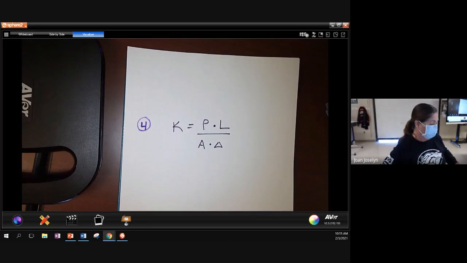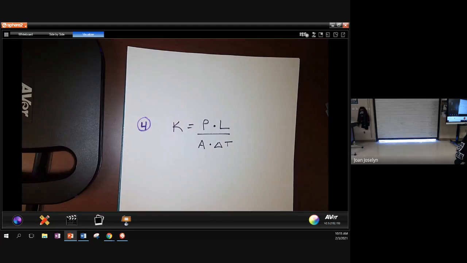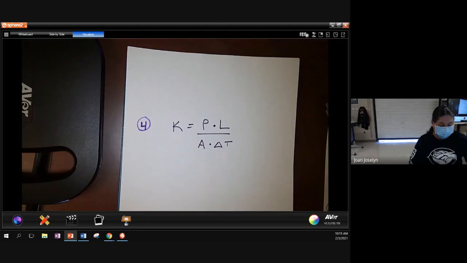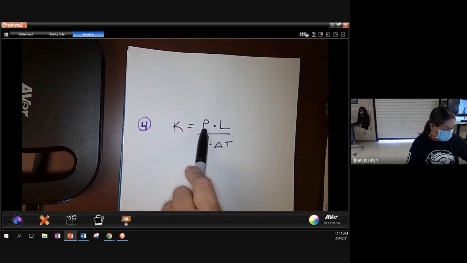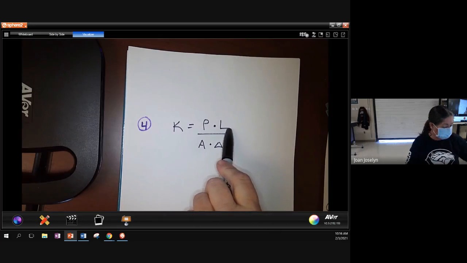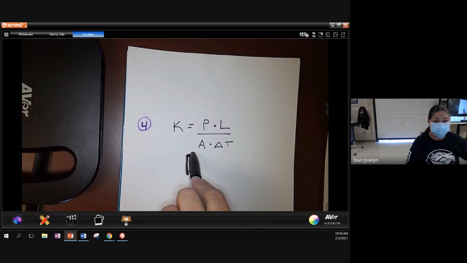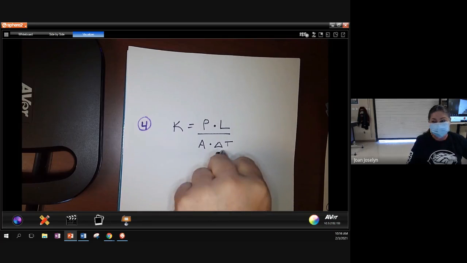There's one more variable. I just want to make sure it's temperature and not time. So you already know that K is thermal conductivity, that P is the rate of energy transfer, L is how thick the material is, A is the area of thermal conductivity, and delta T is a change in temp.